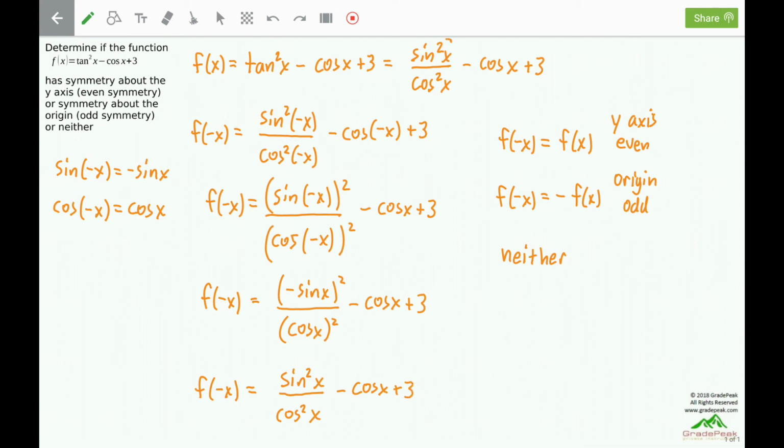Comparing this to the original, each of the terms has exactly the same sign as the original. Therefore, f of negative x equals f of x, which is the exact condition for it to have y-axis even symmetry.